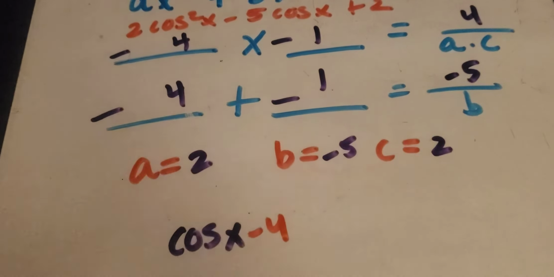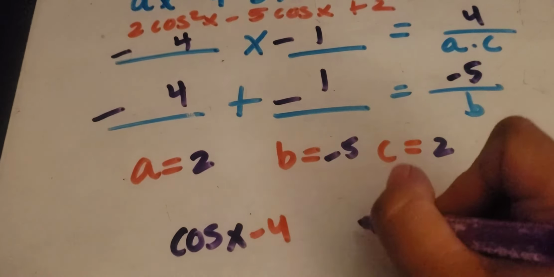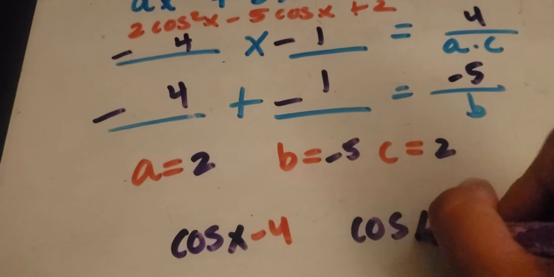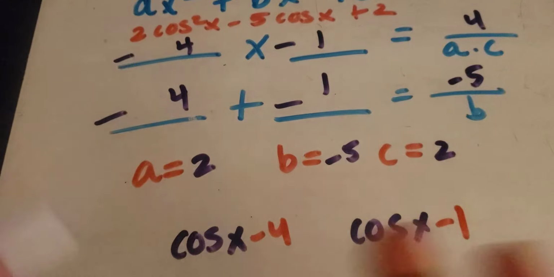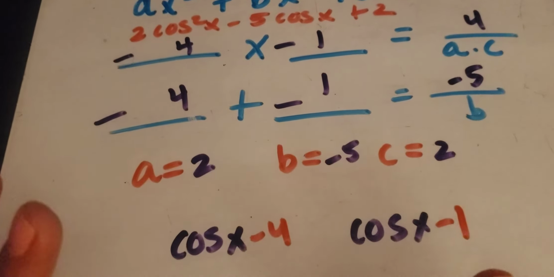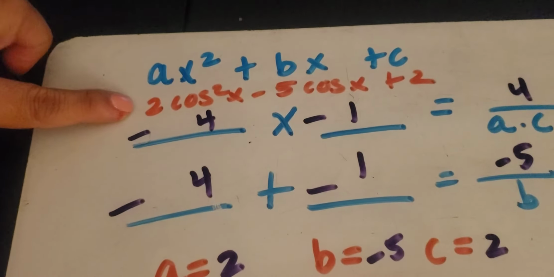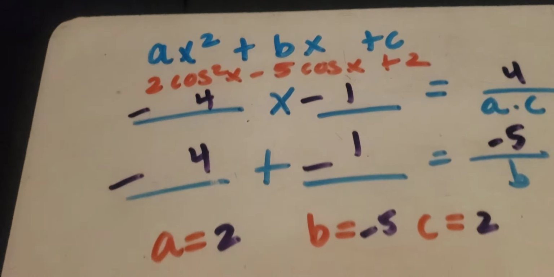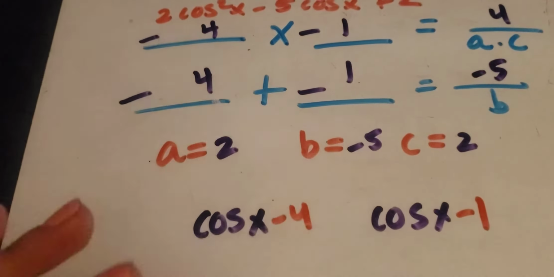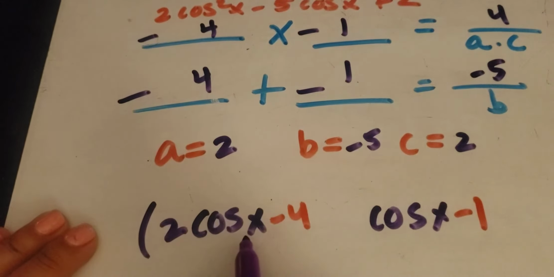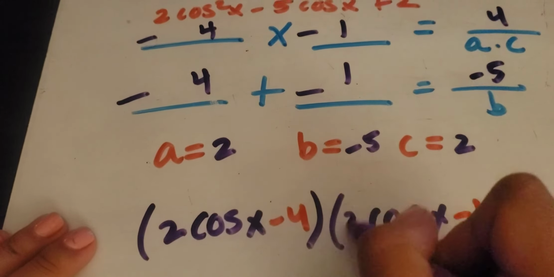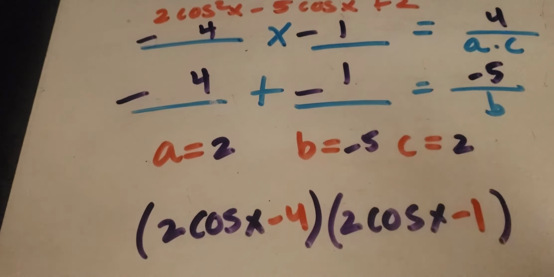So minus 4, and then cosine of x minus 1. But hold on, I didn't put any parentheses or anything, because I want to remind you, when A is greater than 1, you basically want to repeat this. So you're going to write 2 cosine of x minus 4 and 2 cosine of x minus 1.